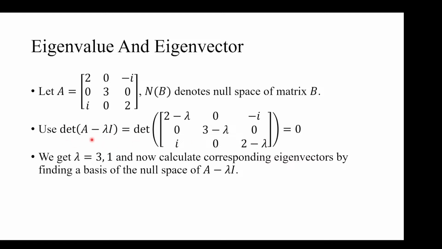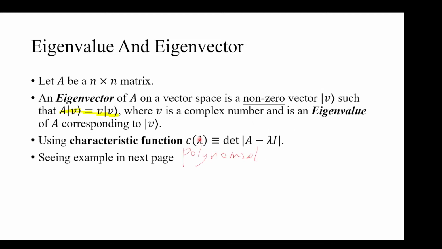It means we want to solve the determinant of A minus lambda I equals 0. So we have A minus lambda I, where, we didn't say, I is the identity matrix.